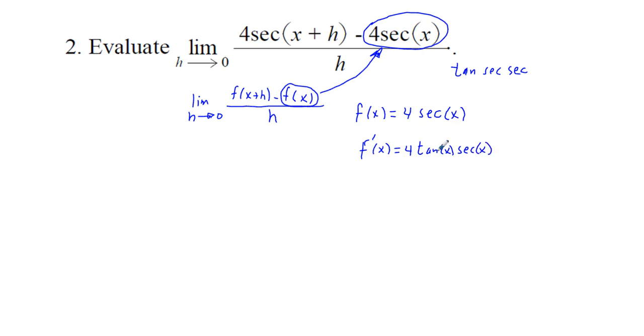And so that's going to be it. The answer is going to be 4 tangent x secant x. Okay. And again, it comes down in this instance to recognizing the form of the definition of the derivative.